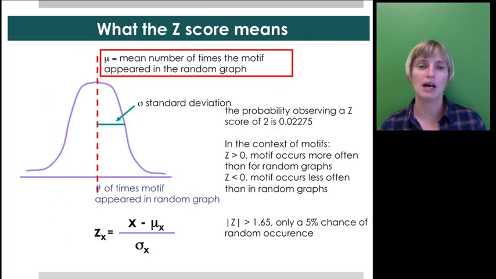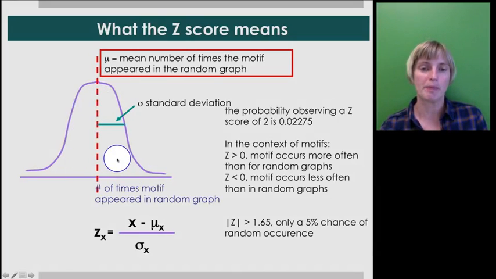So in your Erdős-Rényi random graph or equivalent random graph, you're going to get some counts, and they're going to be normally distributed for the number of times that a certain motif occurs, and then you're going to see where in this distribution your actual count lies.